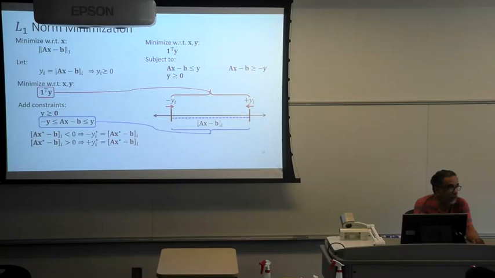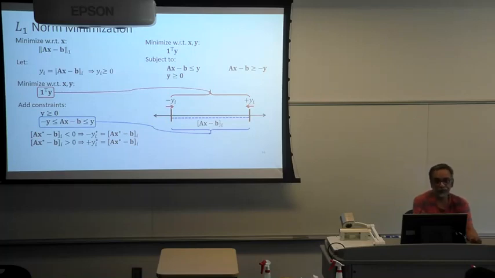So ax minus b less than or equal to y, and ax minus b greater than or equal to negative y. And y is greater than or equal to 0 because it's an absolute value. So this becomes a linear program, which will obtain the same optimum x as this unconstrained L1 norm minimization.